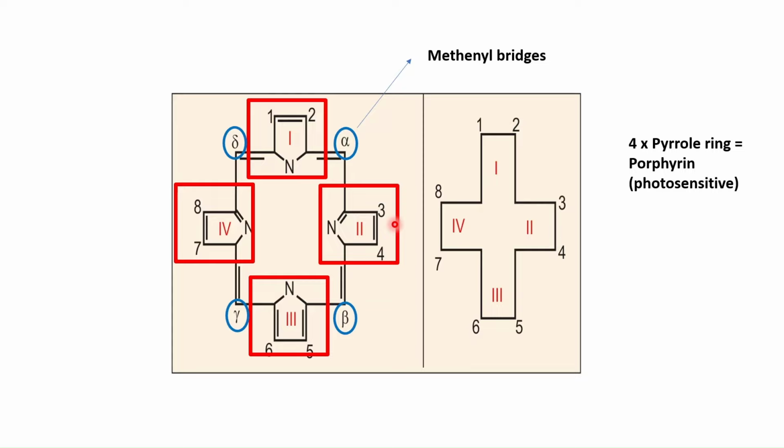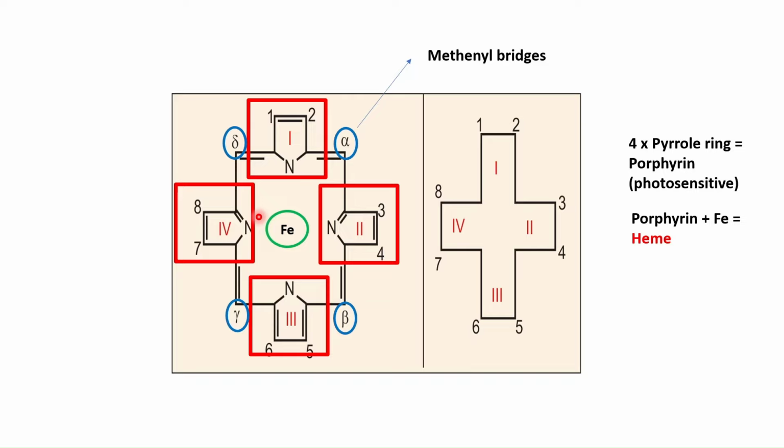When this structure is complete, we have the iron atom at the center, and that results in the formation of heme. So porphyrin plus iron atom at the center leads to formation of heme. Heme basically is the ferrous ion at the center and 4 pyrrole rings joined together by methinyl bridges, as we have seen previously.